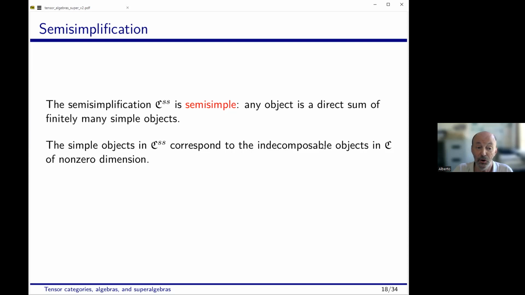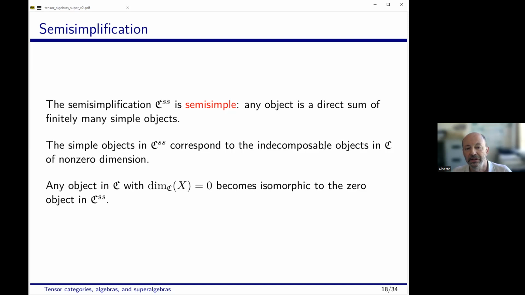What happens with the objects of dimension 0 is that they become zero up to isomorphism, the zero object in the new category. So many objects in the old category become trivial in the new category. The indecomposable objects in the old category now become simple objects. And now any object is a direct sum of simple objects in the semi-simple category.